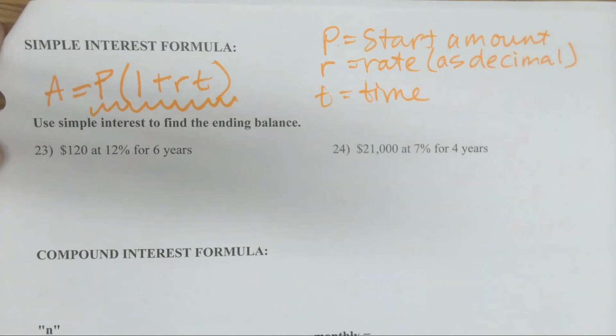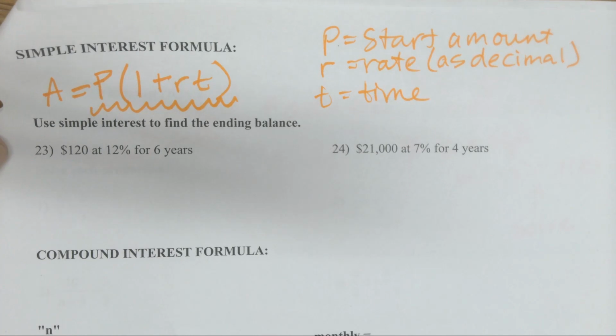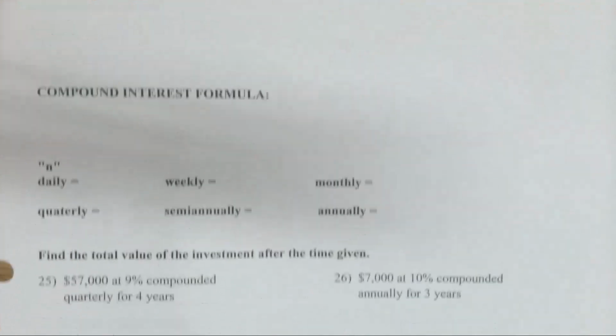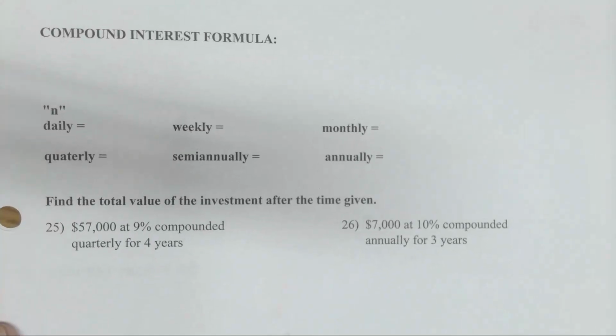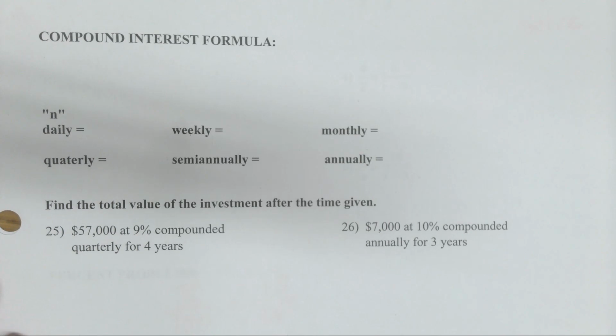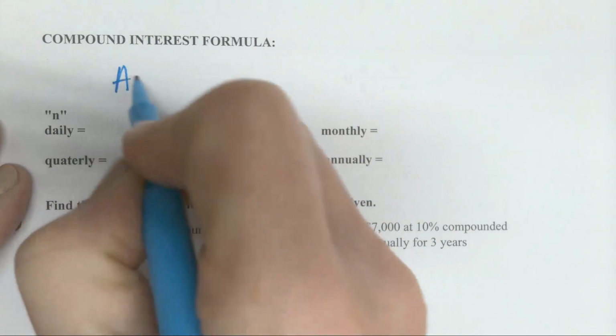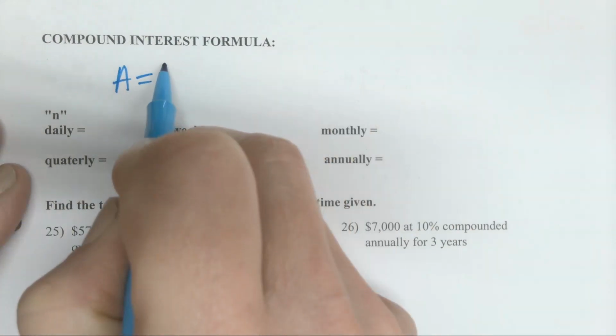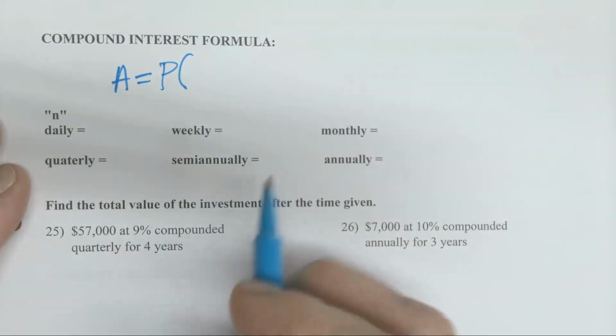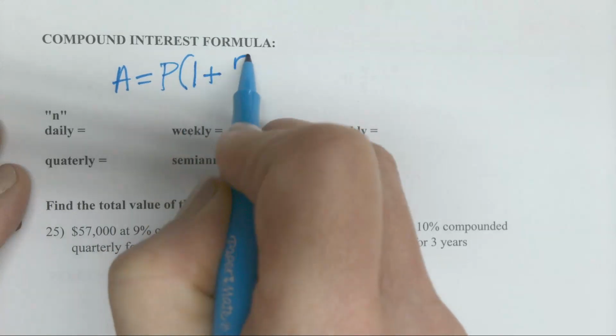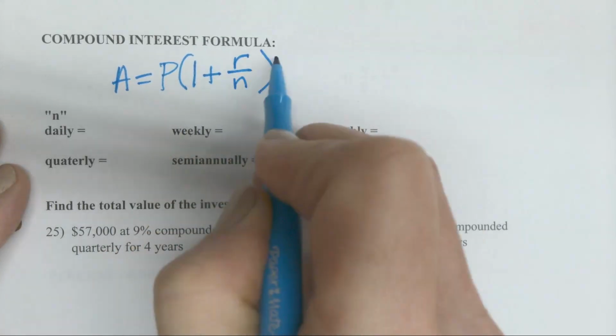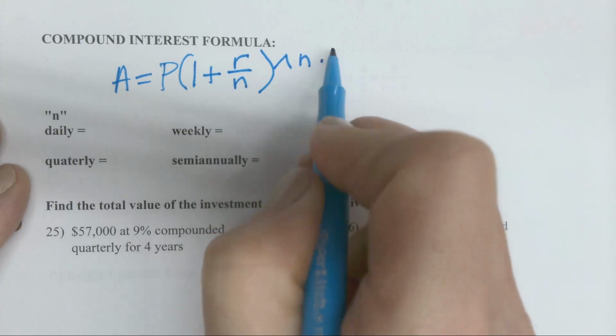Okay? And then lastly is the compound interest. A little more complicated. The formula for compound interest is A equals P times 1 plus R over N raised to the N times T power.